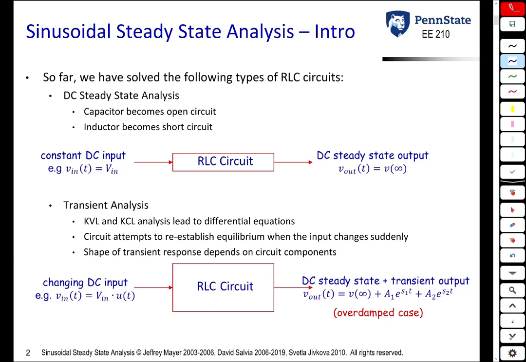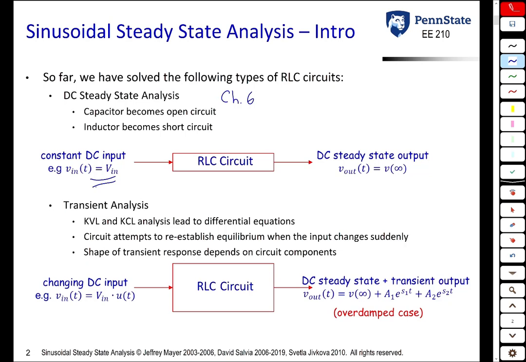When we started introducing RLC circuits a couple note packets ago, we first talked about DC steady-state analysis. This was covered in chapter 6 of the book. The idea behind DC steady-state analysis is if the input is a constant function, constant voltages, constant currents, what we call direct current, if that is applied to an RLC circuit, the output is also going to be DC.